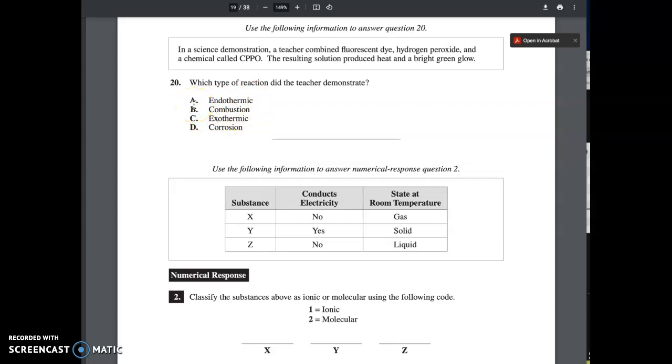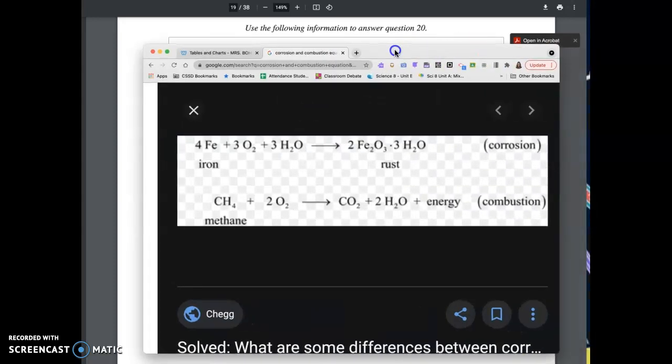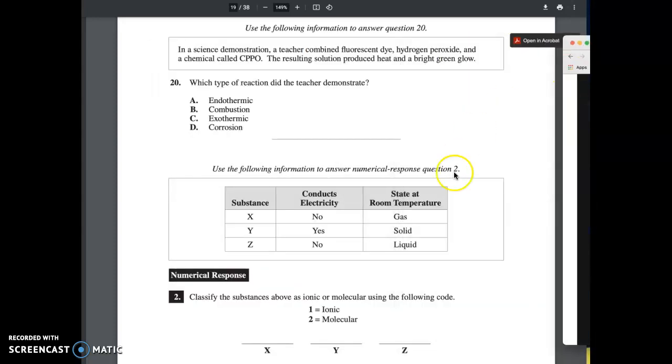Endothermic would be it getting cold, like cold packs. Combustion is burning. Okay, so it could technically be burning, but it doesn't say anything about mixing with oxygen or producing any kind of waste products. It just says heat and a bright green glow, so it just says energy. Same with corrosion, we just talked about that one. That's more about rusting.